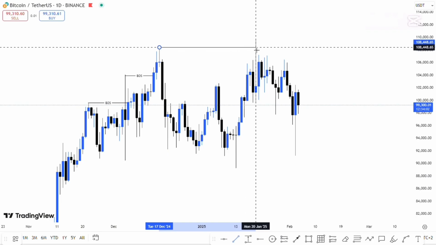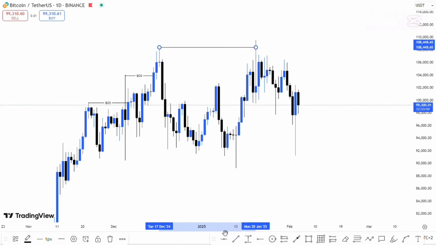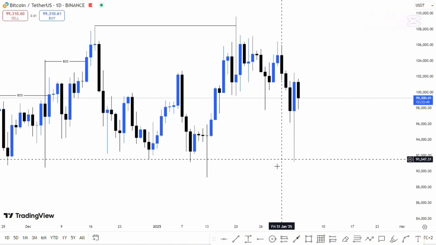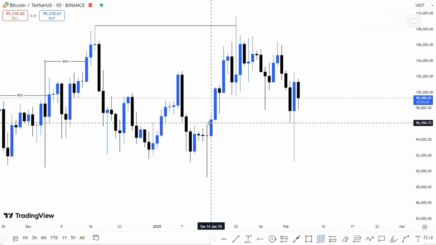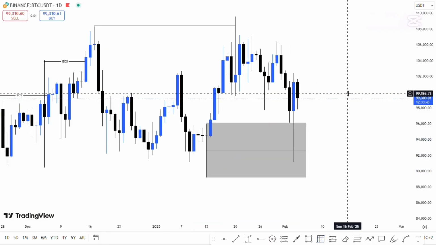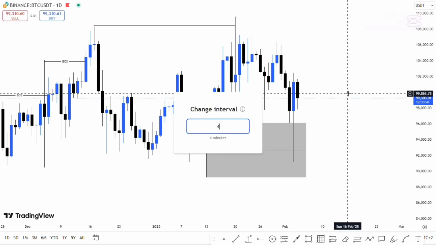This is not a valid break of structure because the candlestick closed below the previous high, so we just mark it like that, and then we can see we have a demand zone right here, which is the daily demand zone, which price reacted off.